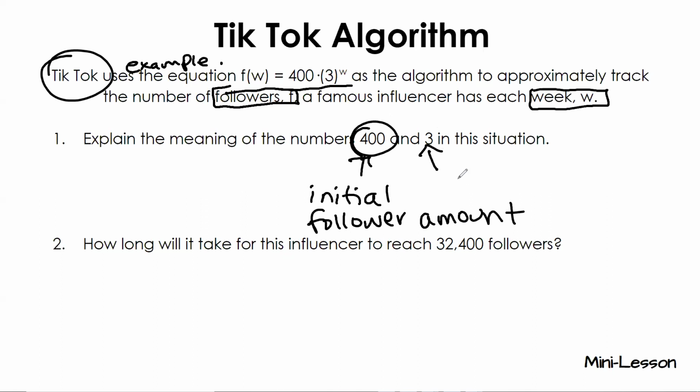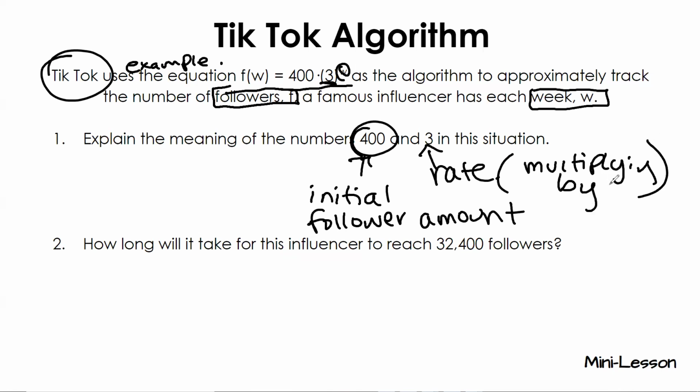We got a W up here. That represents our weeks. What does 3 represent? Rates. What does the word rate actually mean? What we're multiplying by. Also known as ratio, right? Okay, so again, if I had a blank sheet of paper, I would say 3, rate, multiplying by.